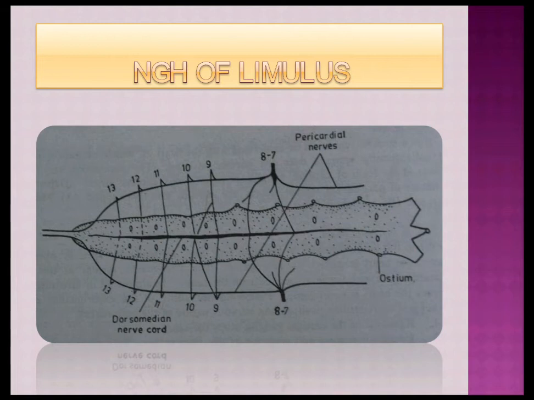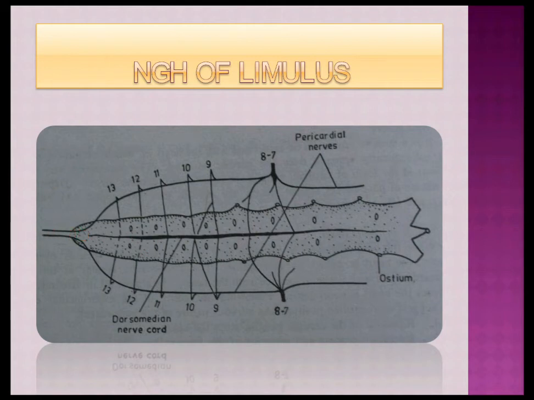Now this heart starts pumping from this particular site, and a wave of contraction goes like this. First it contracts from here, then from here, then here, and the wave of the contraction goes towards the anterior side, and the whole of the blood is pumped to the head side.